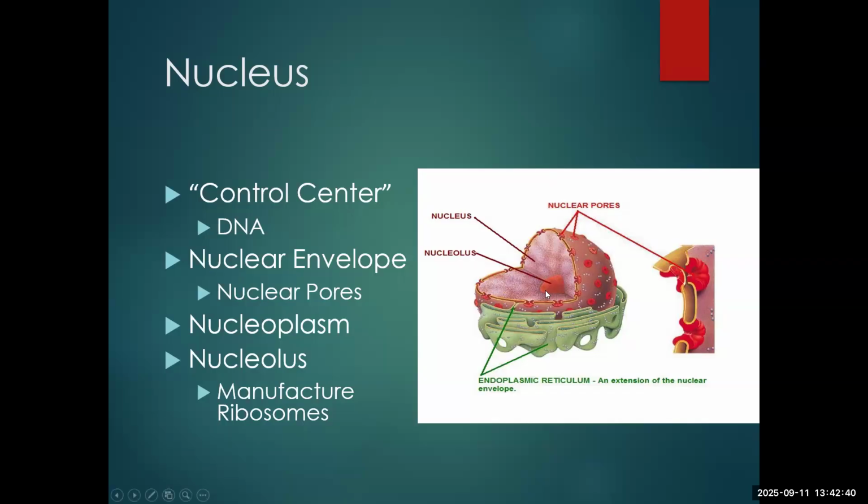Similar to the cytoplasm, the nucleus is full of a gel-like liquid, which is called nucleoplasm. And then inside, there is an even darker area under the microscope that is called the nucleolus. And the nucleolus manufactures RNA and ribosomes, which are another organelle that is involved in protein synthesis.